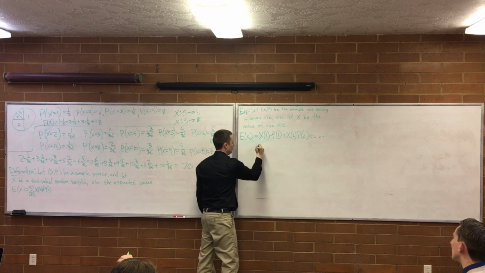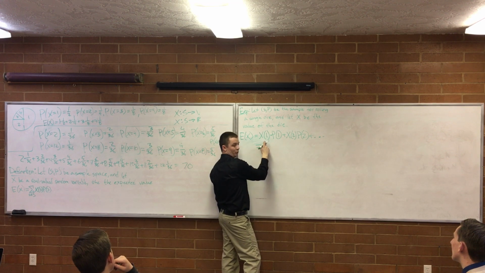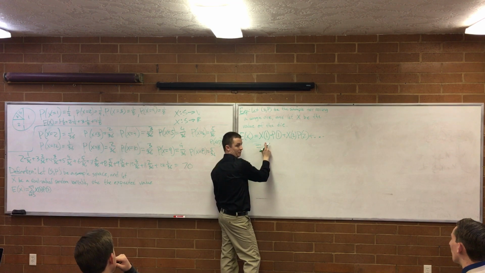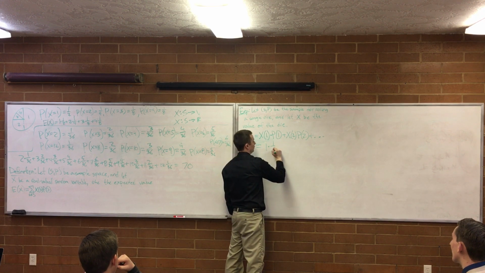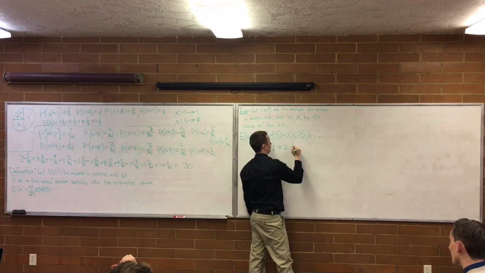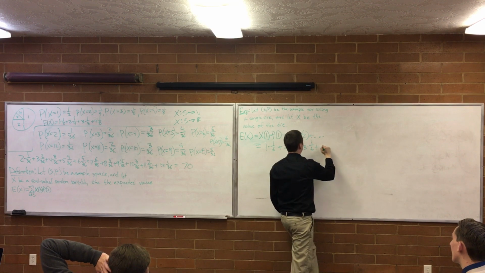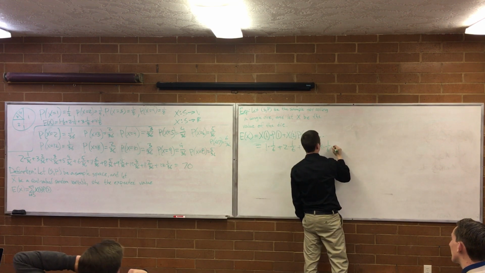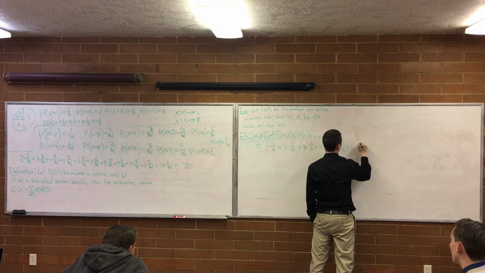Now I'm going to finish writing it. So it's equal to, now give me the numbers. What's X of 1? 1. What's the probability of 1? 1/6. What's X of 2? 2. Times 1/6. Plus 3 times 1/6 plus 4 times 1/6 plus 5 times 1/6 plus 6 times 1/6.